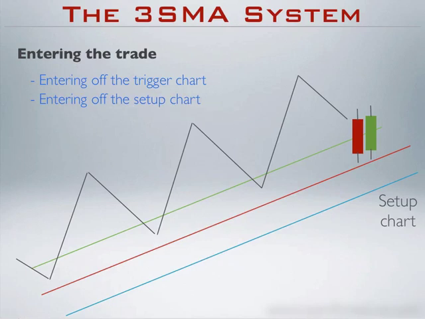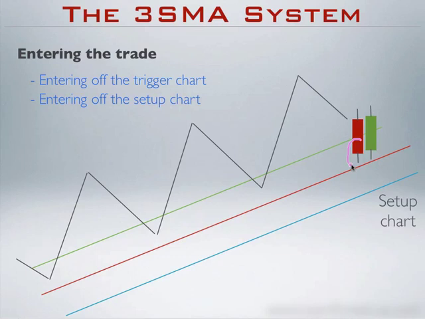Oh, by the way, something that I forgot to mention before is that ideally you want to see price diving within the dynamic area and therefore getting at least one candle to close within it. You don't want price to simply touch or lick the 30 simple moving average and from there on rocket off.